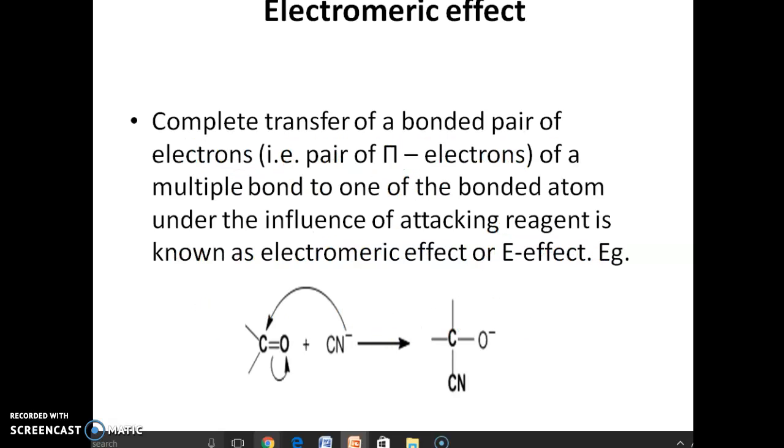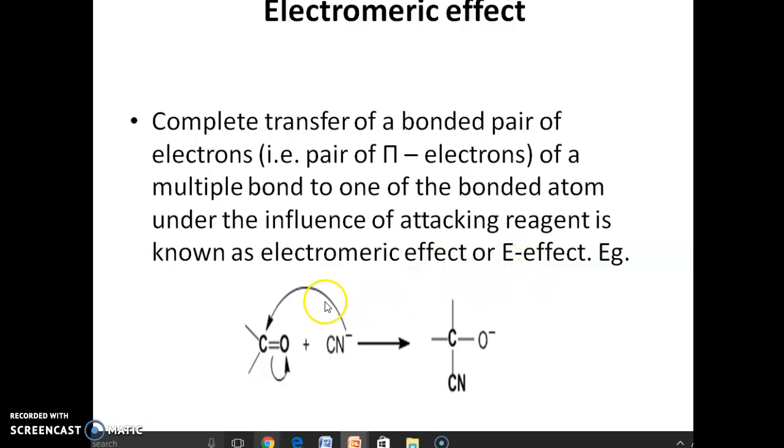Now let us go to the next electronic factor, which is called the electromeric effect. It is the complete transfer of a bonded pair of electrons, that is, a pair of pi electrons of a multiple bond, to one of the bonded atoms under the influence of an attacking agent. This is called the electromeric effect or E effect.